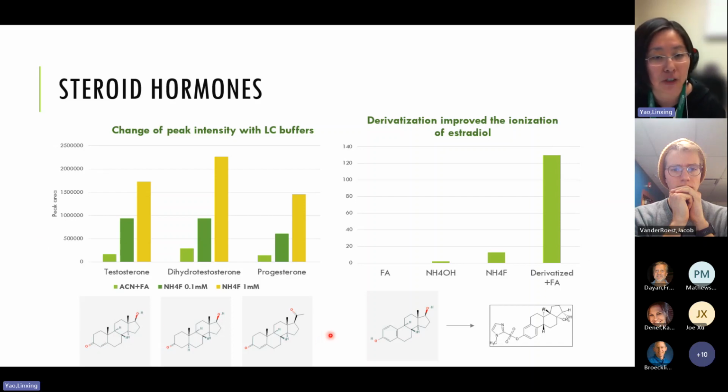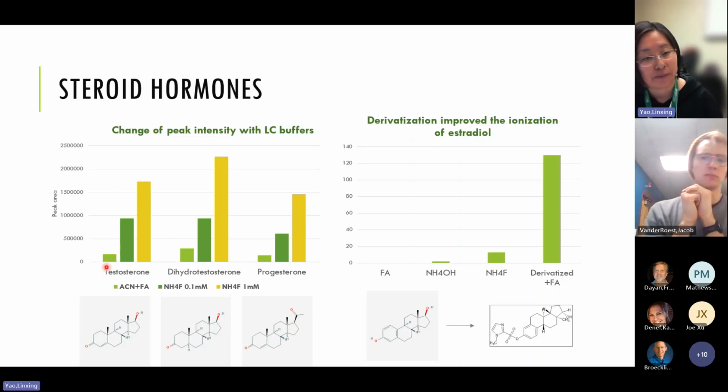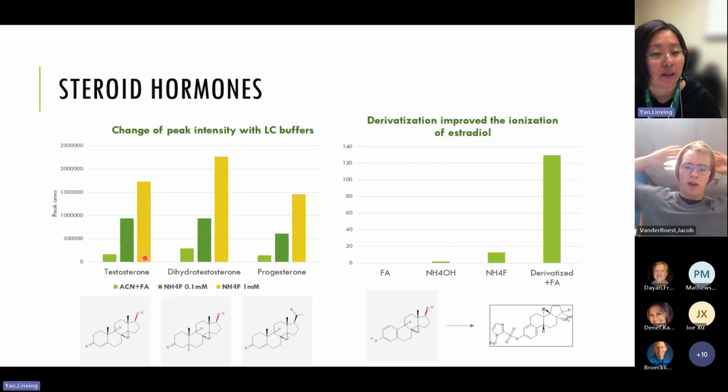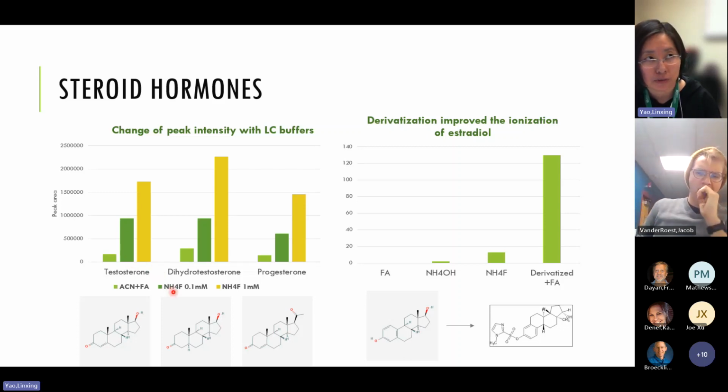The figure on the left shows how the steroid signal changes with the type and concentration of LC buffer additive. The light green is using formic acid as additive. The darker green is using ammonium fluoride, and the yellow one is also ammonium fluoride, but at 10 times higher concentration.